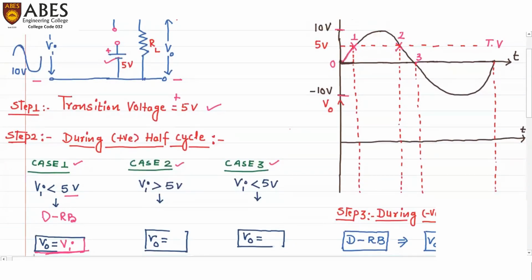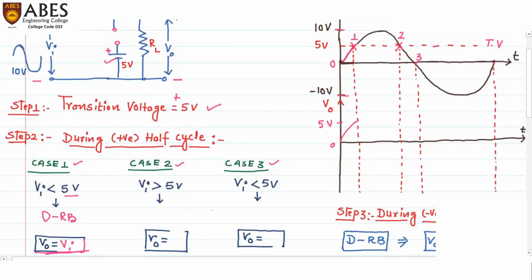If we see the input waveform, during case number 1, the input starts from 0 and goes to point 1. So the output will be similar to the input voltage. It will start from 0 and go up to 5 volts. So V naught is equal to Vi. This is the output during case number 1. Whatever the input is, the same we will get at the output.